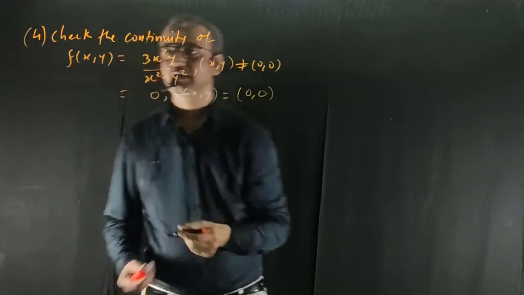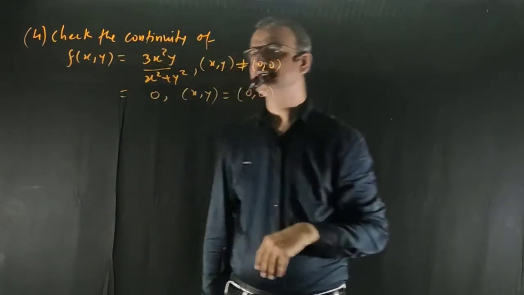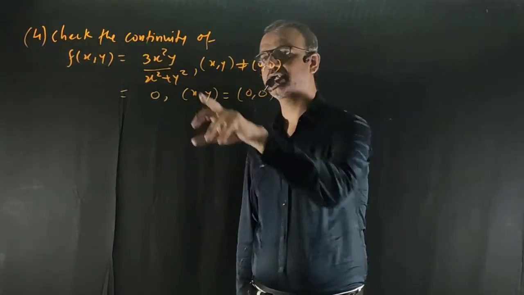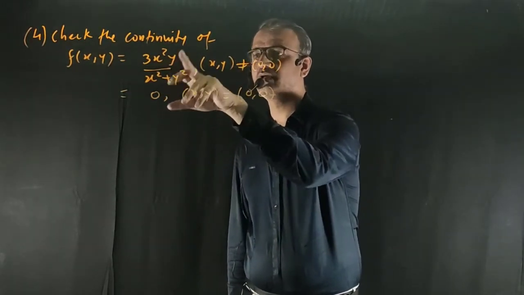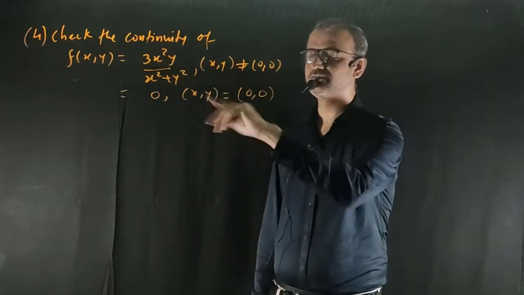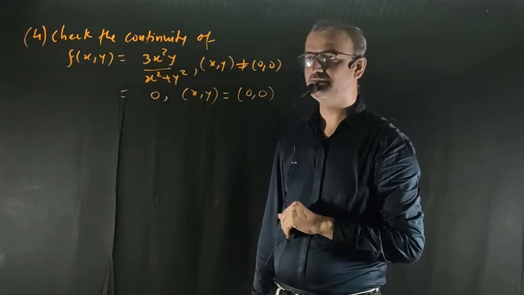Now we have to check the continuity of this function at point 0, 0. So for that purpose, first of all, we have to find out the limit of this function at 0, 0, right? And its value at point 0, 0 is given to us, that is 0.